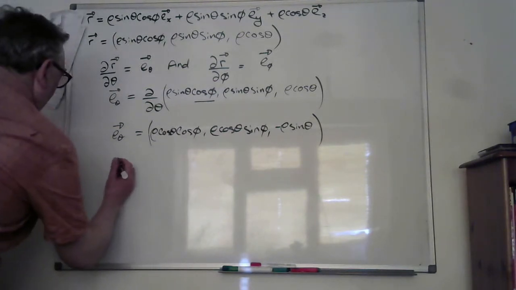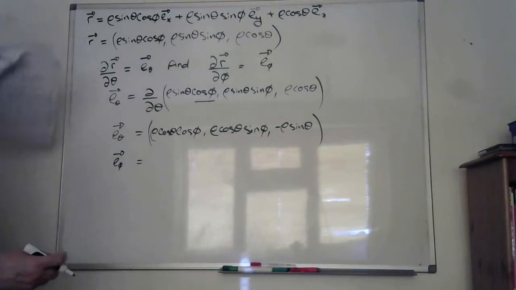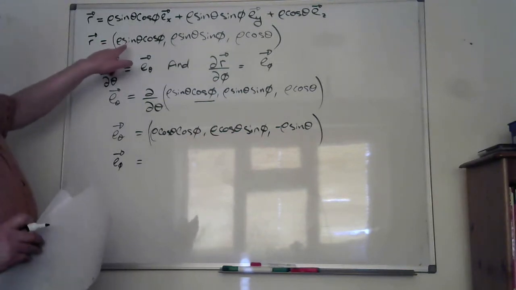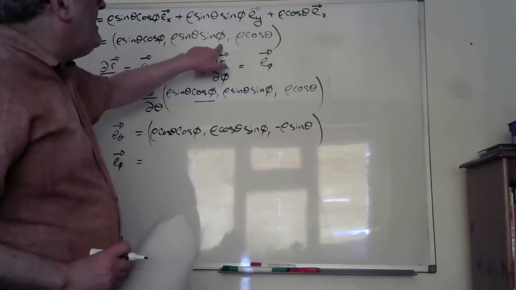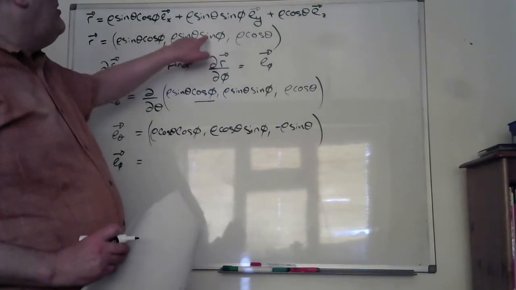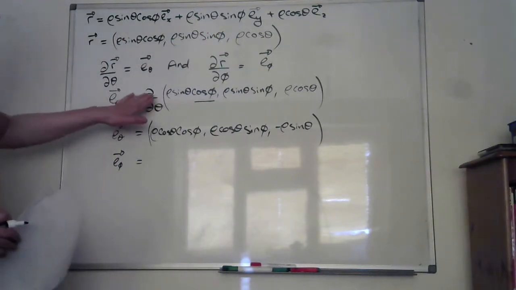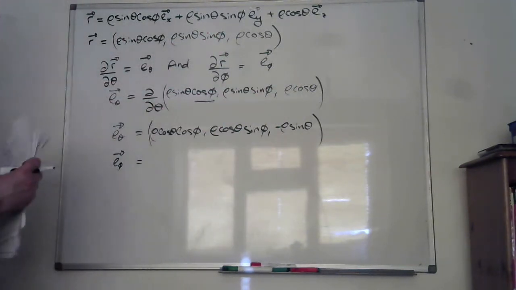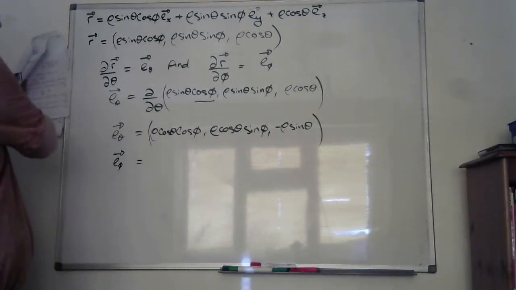Now for e phi, you do exactly the same thing. You differentiate each one of these with respect to phi now. I'm not actually going to write this bit down because it's consuming time, and it's important to be succinct.